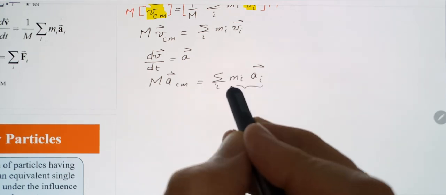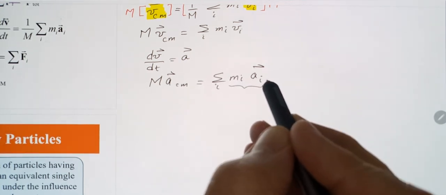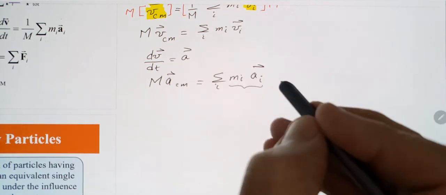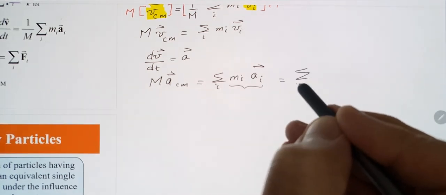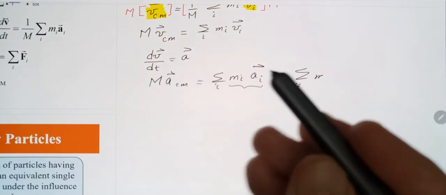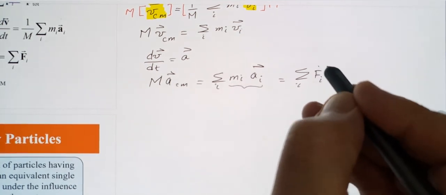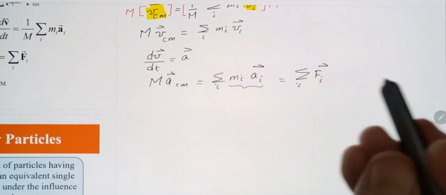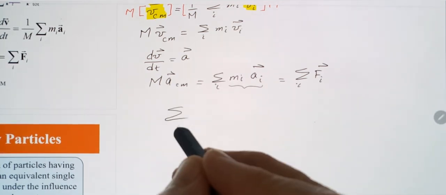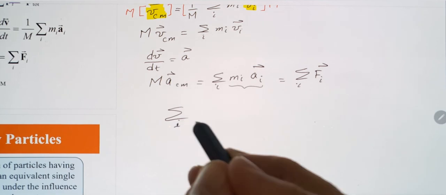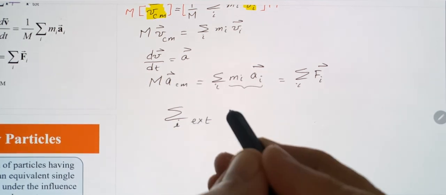But what is this, mi ai? It is the individual forces acting on this system, and I end up with this famous equation.